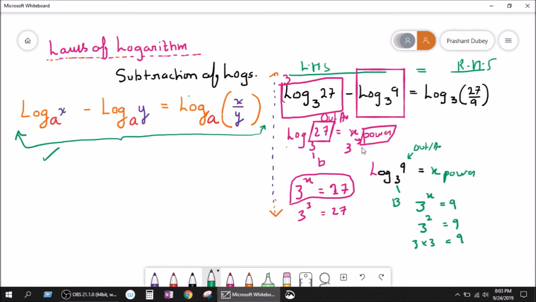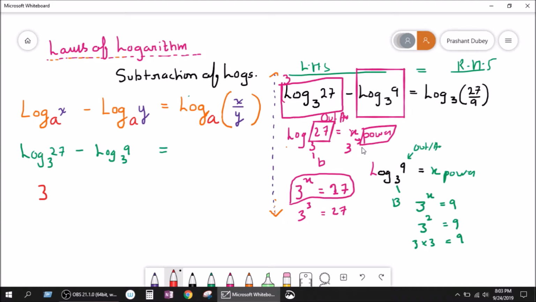So let me write the same question right here. Log 27 to the base 3 minus log 9 to the base 3 is equal to, so we know this is 3.